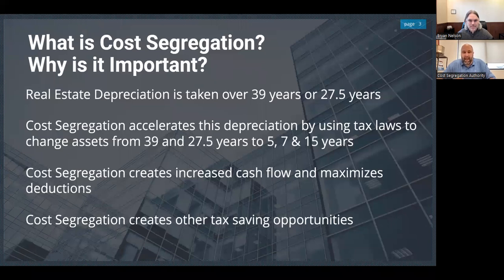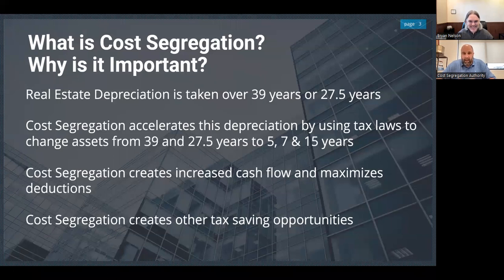And so a cost segregation study comes in, identifies those assets, puts a value to those assets, and then provides you and your CPA a revised depreciation schedule that allows your CPA to depreciate, for example, the carpet over 5 years versus 39 years. Yeah, which makes a lot of sense to me because carpet doesn't last very long. No, it certainly doesn't last 39 years.